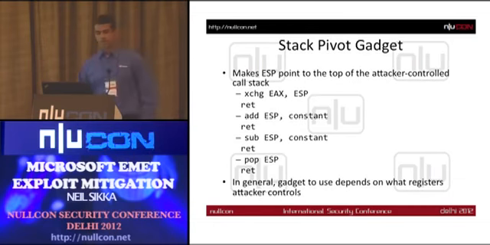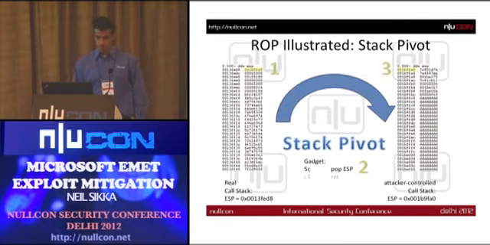So this is an illustration of a stack pivot. Right here, we have 1B9FA0 at the top of the regular call stack. That's the first step. The second step is that we execute pop ESP, which pops this value into the ESP register.